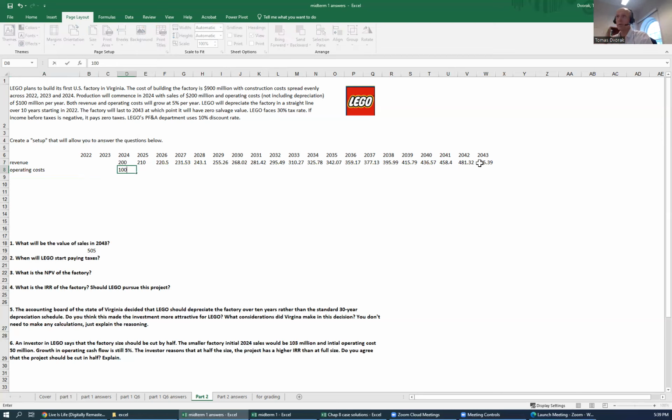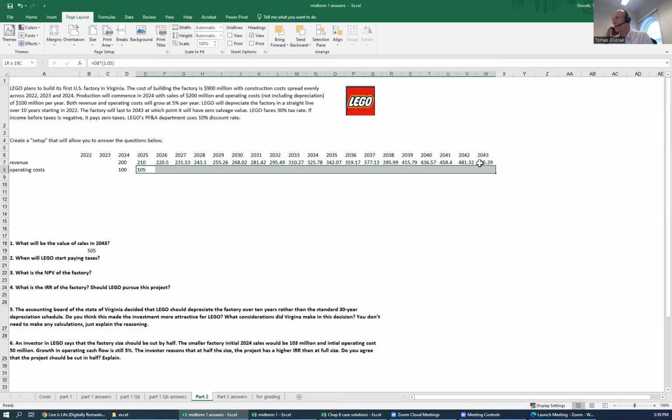We're going to assume that those operating costs begin only in 2024 because that's when production commences, and can really just copy that cell and multiply it by 5%, and we'll get our operating costs growing, starting at 100 million, growing at 5% per year.